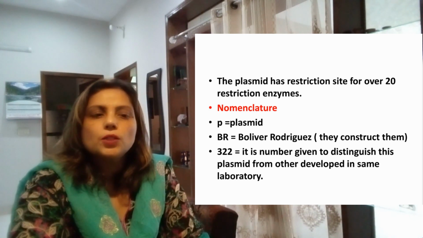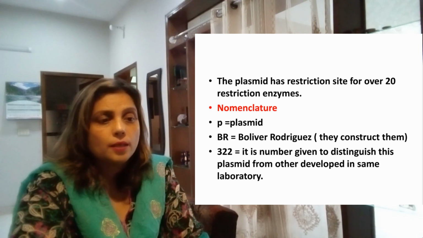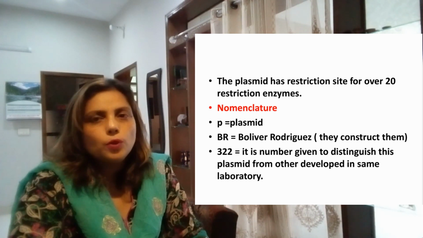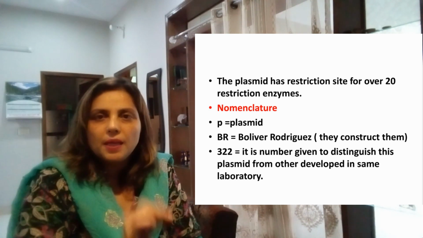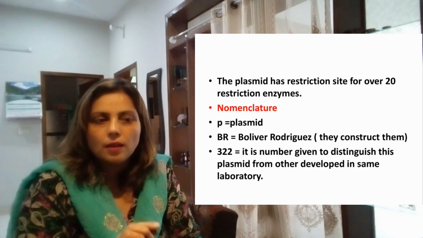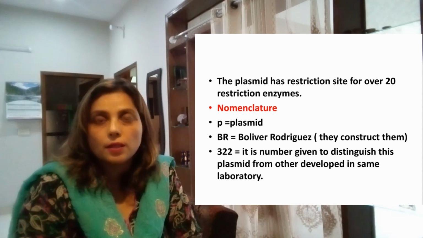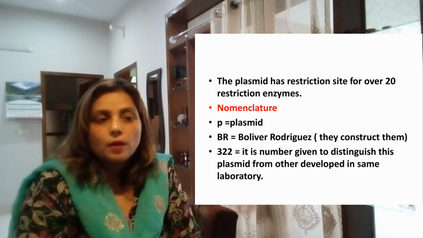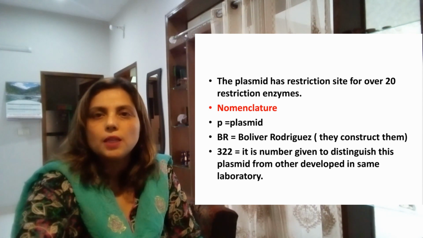This plasmid has restriction sites for over 20 restriction enzymes, which means it has many restriction sites. When we talk about the nomenclature of this plasmid, p denotes plasmid, and BR, capital B and capital R, denotes the scientists who constructed it, Bolivar and Rodriguez. 322 is the number given to distinguish this plasmid from others developed in the same laboratory.